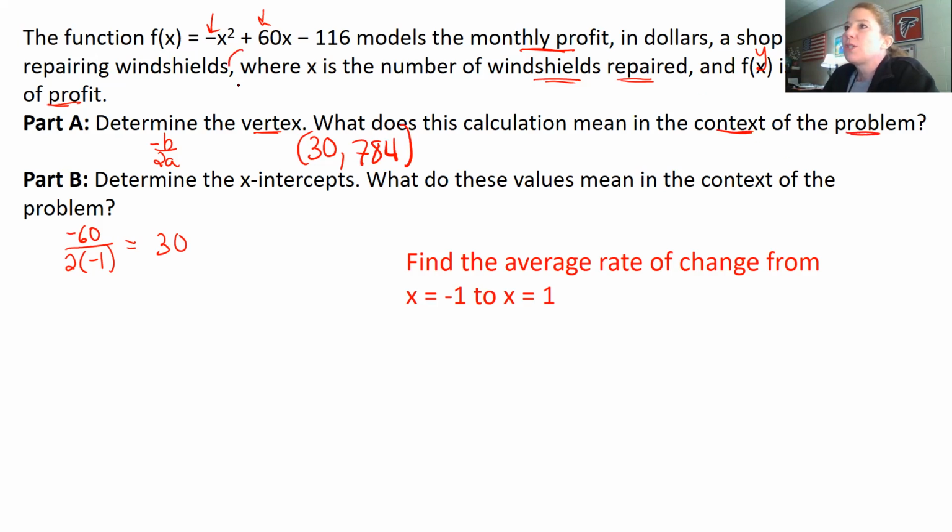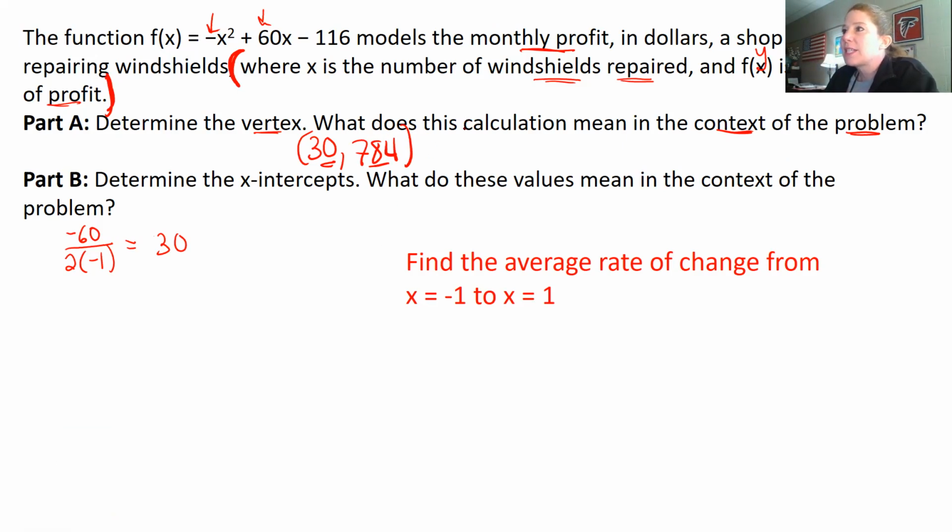So if you use these words right here, it's going to help you answer this question. So this is the monthly maximum. What does it say? Well, basically what the vertex is, remember, is the maximum. So when we find the vertex, we're finding in 1 month what the maximum profitability would be.